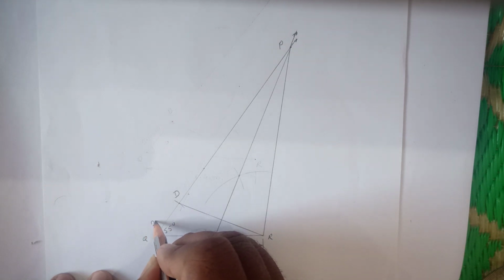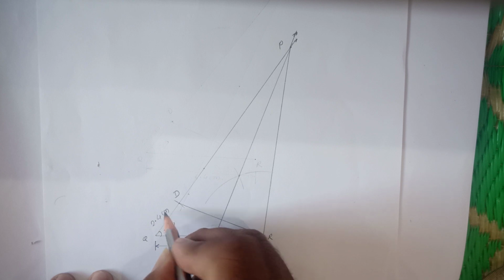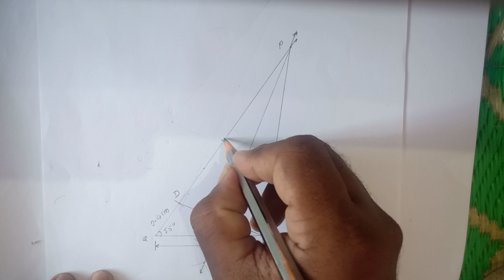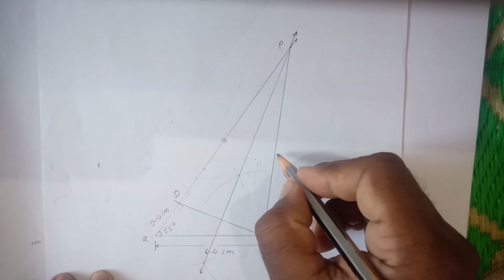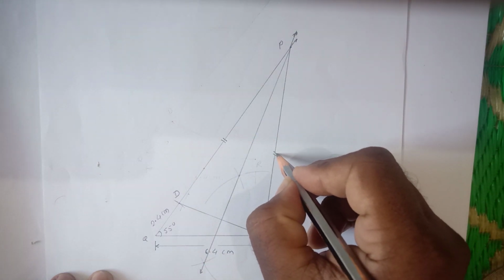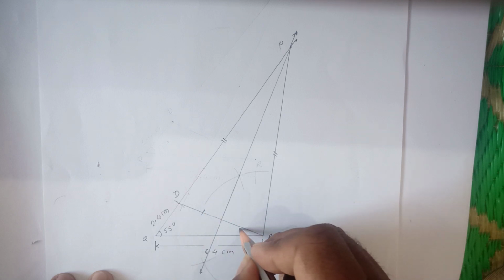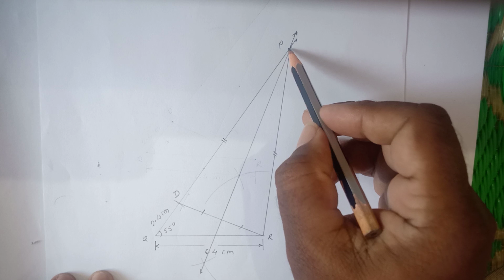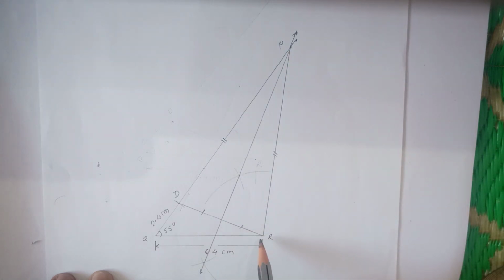This distance is 2.4 centimeters. Now DP and RP are congruent. These two lengths are congruent. Thus we have constructed triangle PQR.